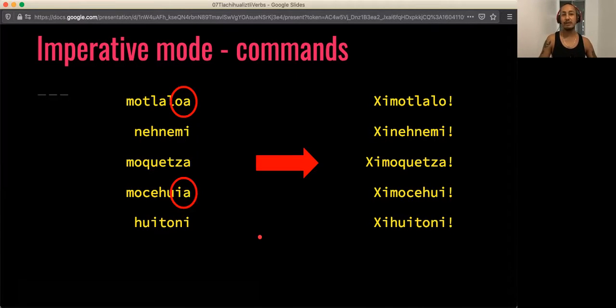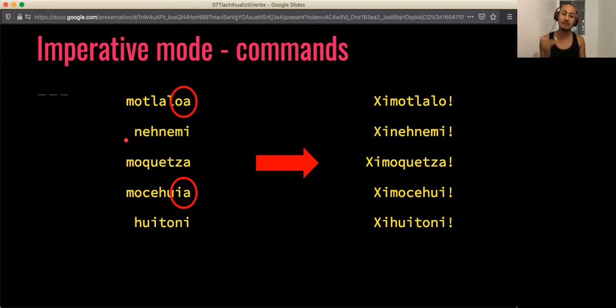A lot of people here like to ask me if there's a way to say please in Nahuatl. There actually is not a way to say please in Nahuatl. It's not rude to just give the command. So you could just say shinehnemi and it's not technically rude. Now, in our variety of Chicontepec Nahuatl, you can add a prefix in front of it, and it makes it a little bit nicer, but it doesn't necessarily mean please.